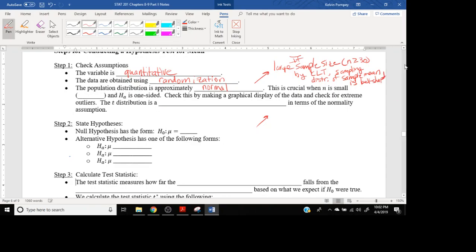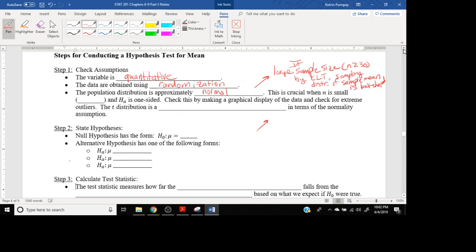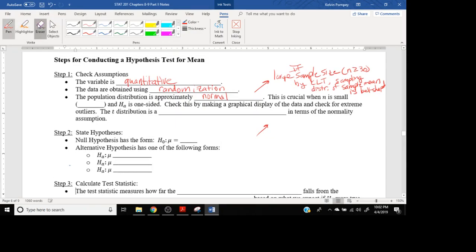And so we can still use these methods to conduct our hypothesis tests.